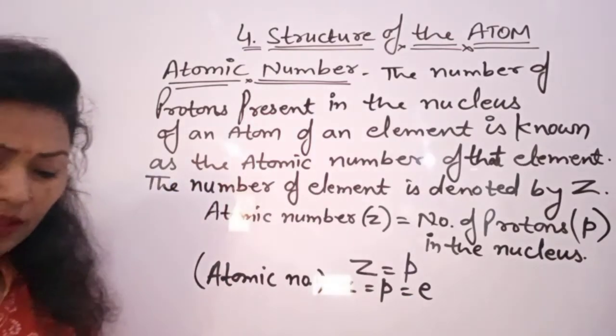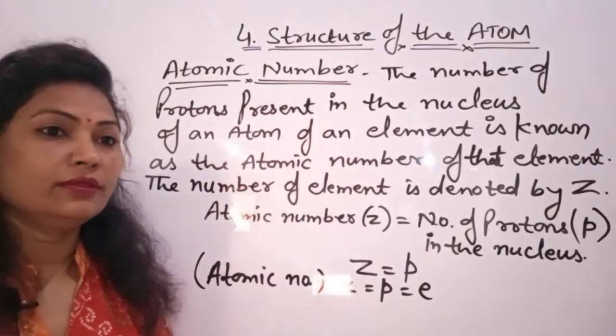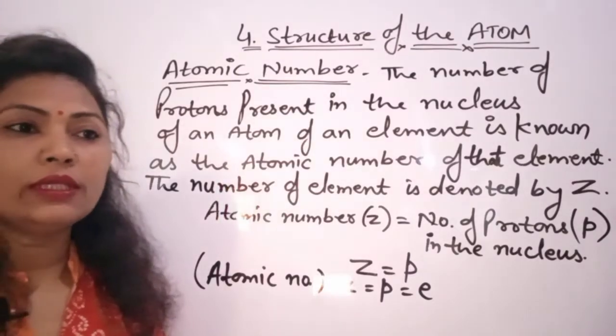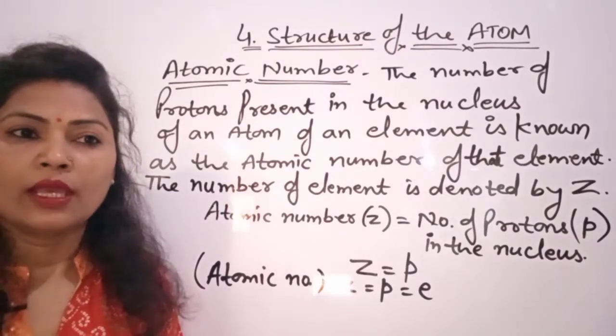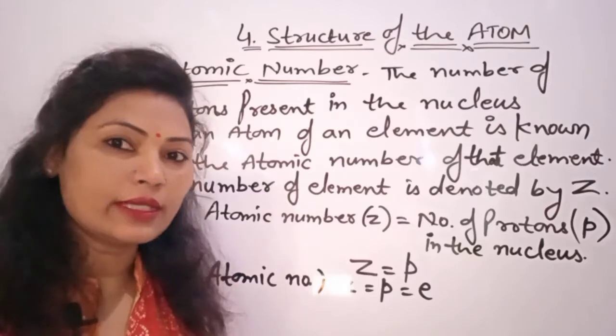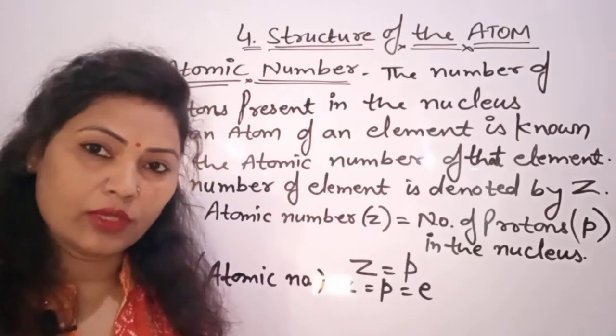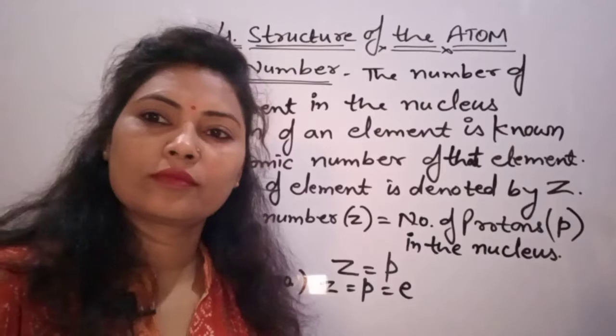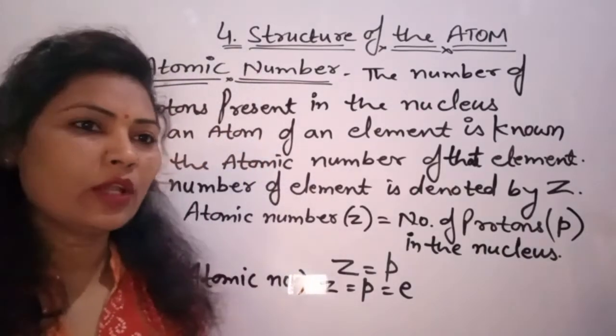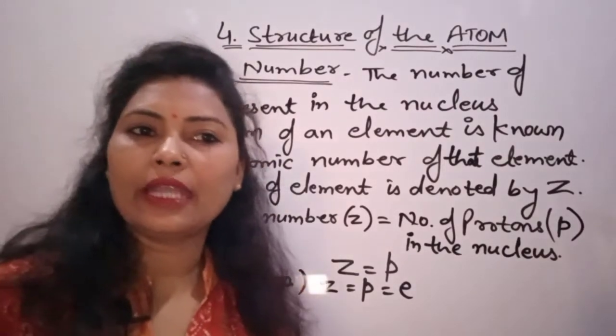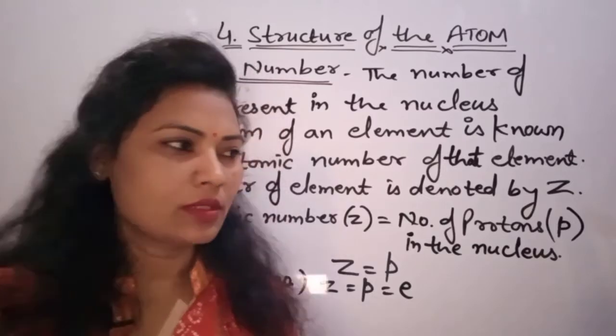What are the characteristics of atomic number? First, atomic number is always a whole number. This is because an atom always contains a whole number of protons.